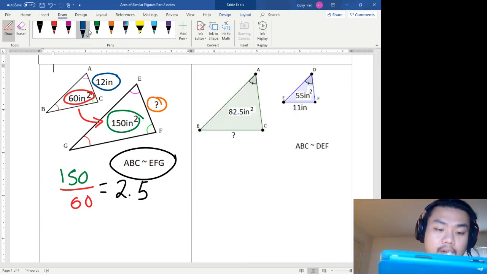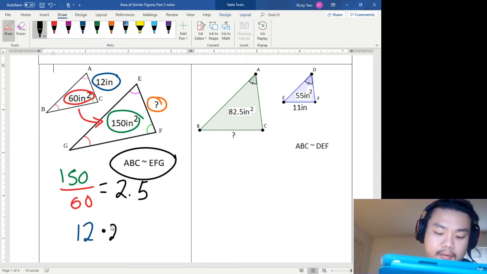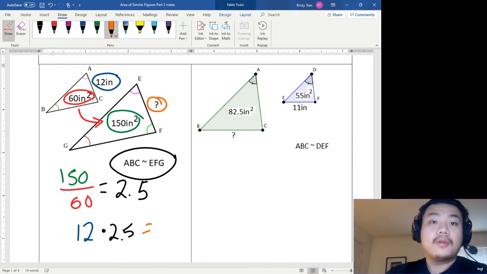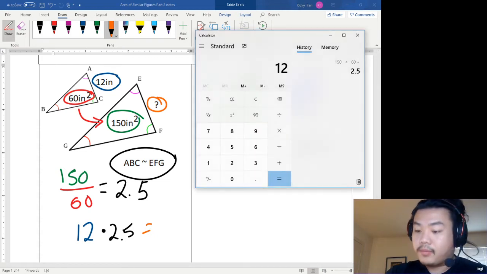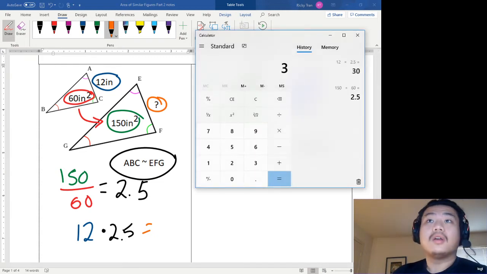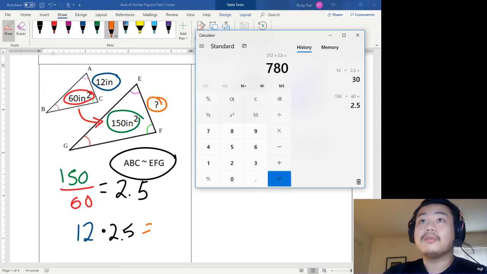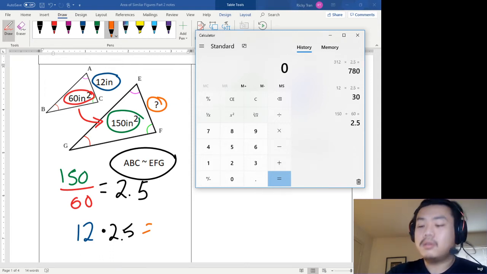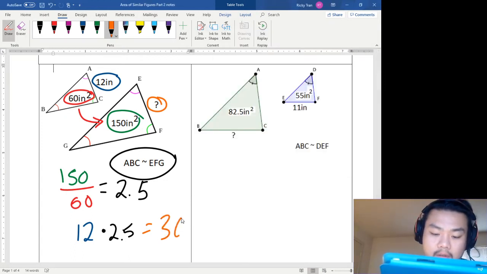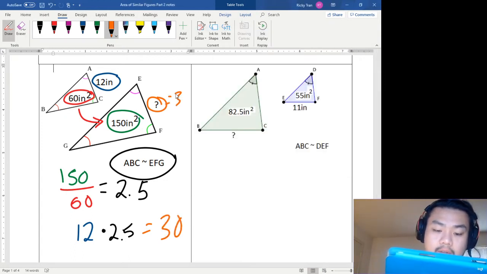So we're going to take our 12, multiply it by 2.5, and we get 30. Okay, so this is 30 inches.